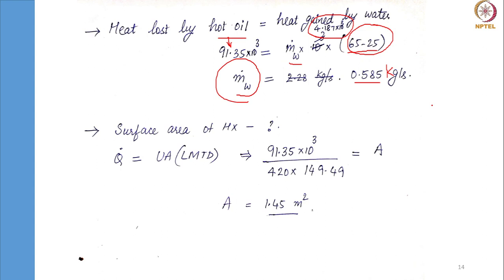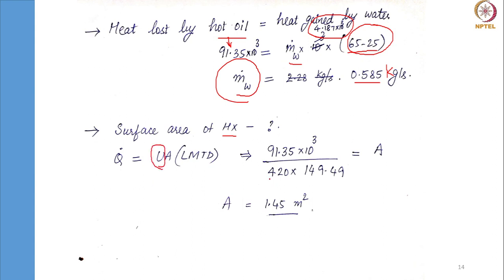Is this okay for everyone? Okay. So next up, finding the surface area of the heat exchanger. We have the formula Q dot equals U A LMTD of the heat exchanger. U is already specified in the question.